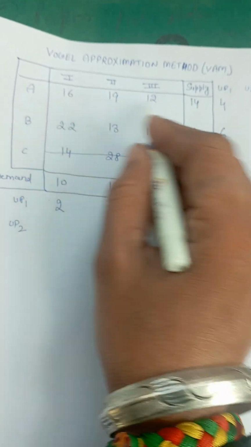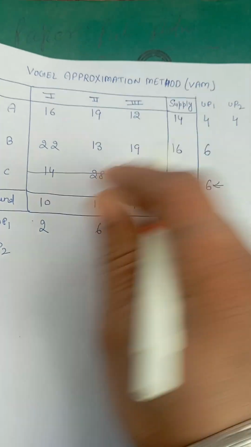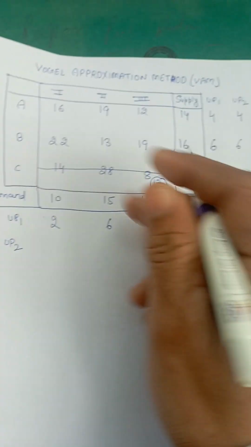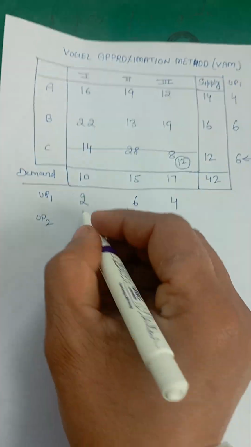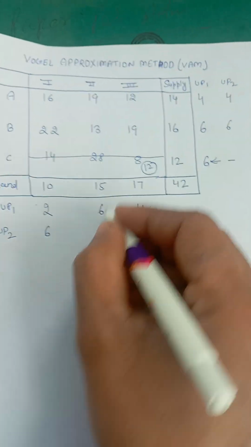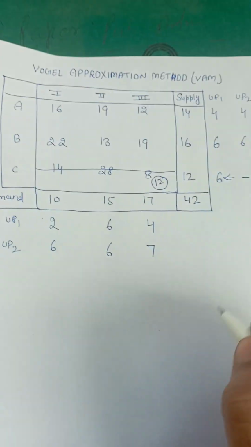In the first row, the minimum two elements are 16 and 12, the unit penalty is 4. The third row is already deleted. And 16 and 22, the difference is 6. The difference is 6 and the difference is 7.